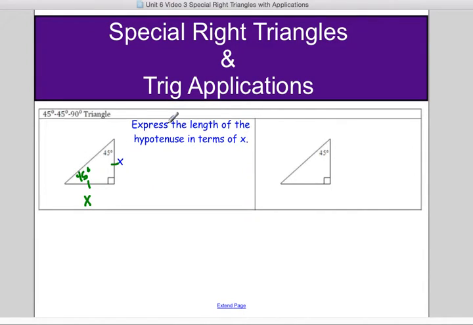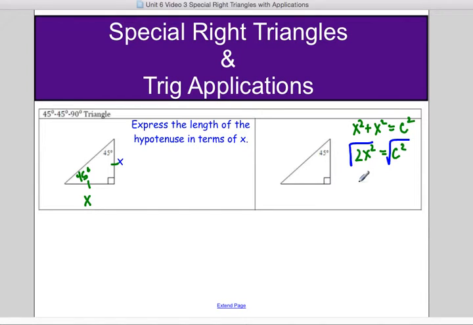It says express the length of the hypotenuse in terms of x. So right here, I would have x squared plus x squared equals, let's just call the hypotenuse for now c squared. x squared plus x squared is 2x squared, which is equal to c squared. Now if I want to solve for c, I would take the square root.